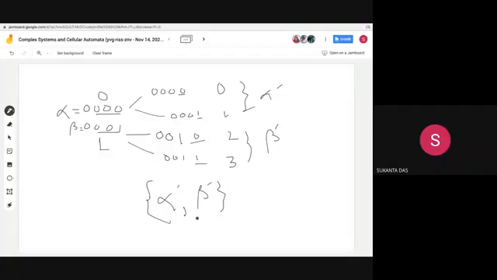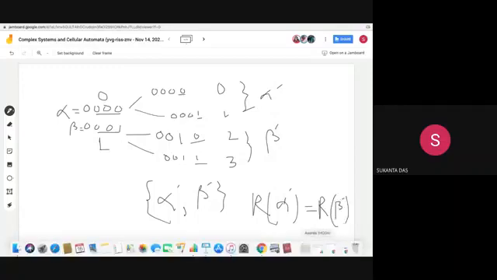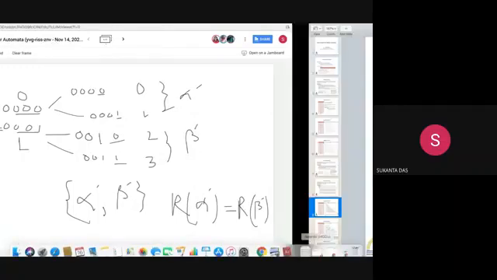What is the condition on alpha dash and beta dash? The condition was R of alpha dash has to be equal to R of beta dash. This is the only condition.